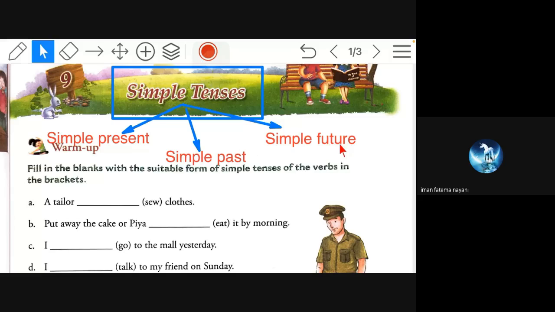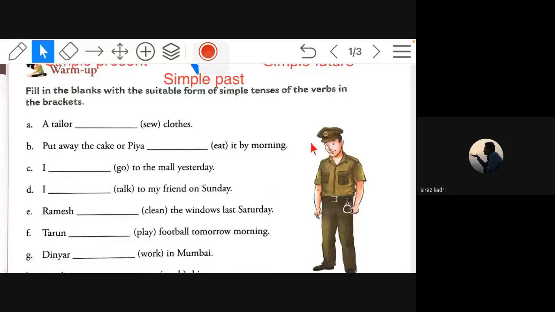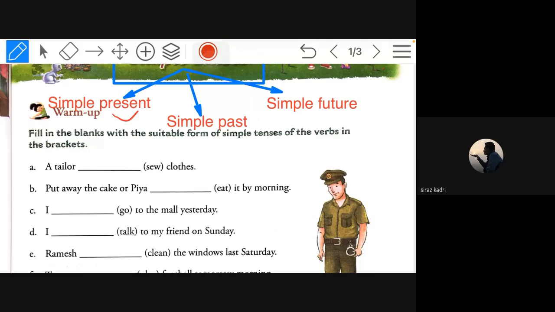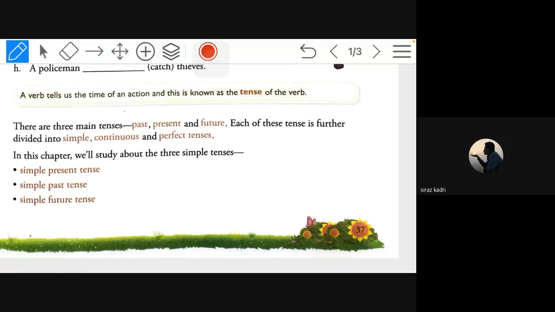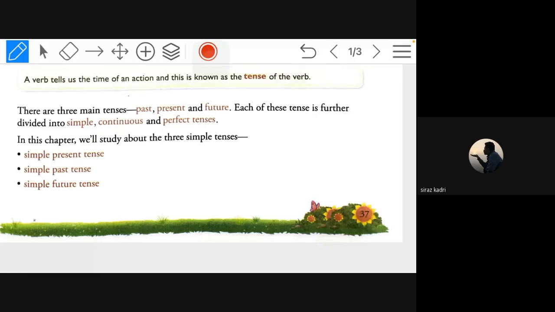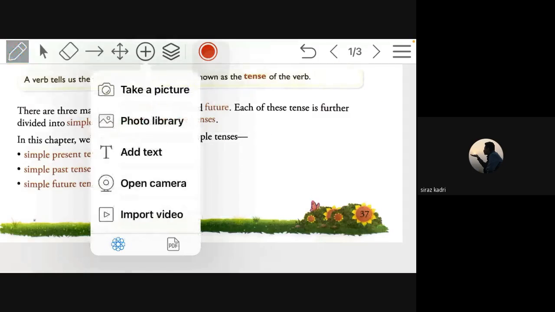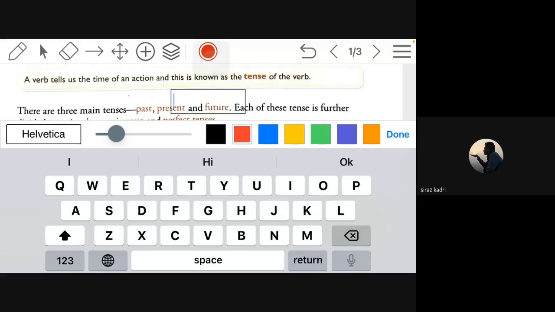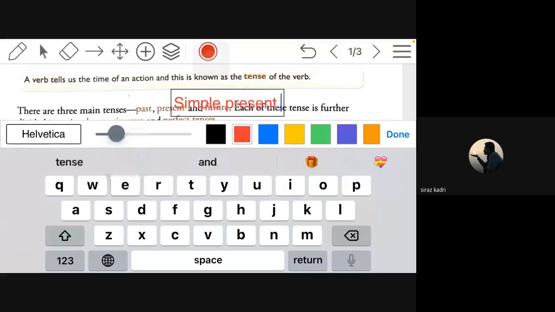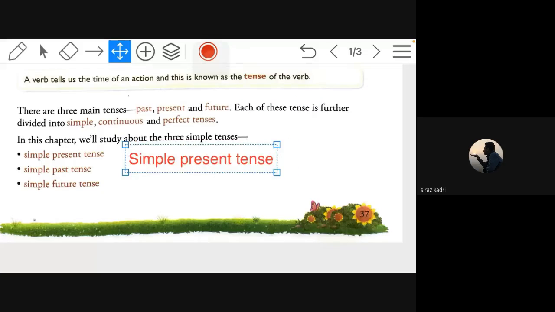Mute your mic. Now, Zoha, coming to you. Yes, sir. We have done simple present and simple past. Simple future is yet to be done. Now, tell me, what was the formula I gave for the simple present tense? I remember I gave you one formula.